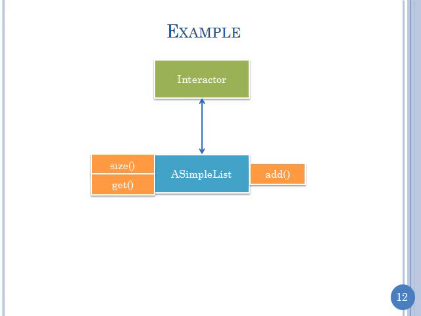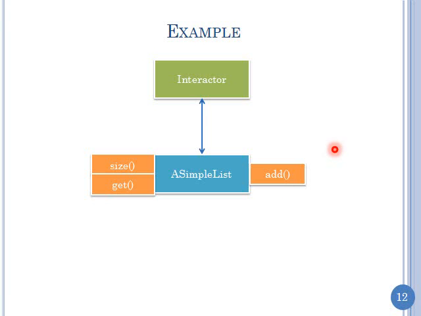Okay. So in this example, I had an interactor who knows what its methods are. Besides the observer method, element added method, I have a list with the add method for adding an element to the list, and size and get methods to get the size and the elements of the list. So I've put one method on the right and these two methods on the left.